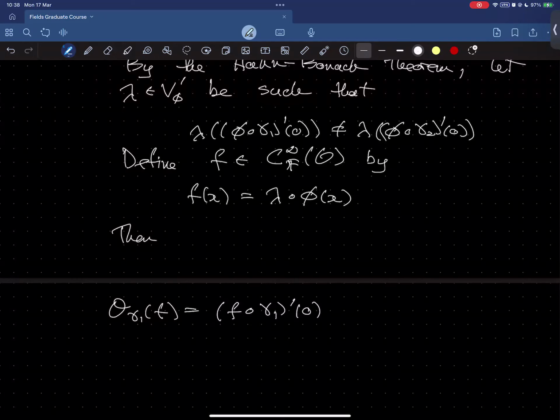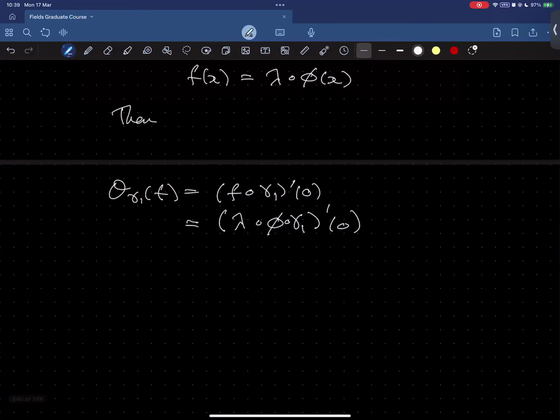That's the definition of theta gamma 1. Now I'm going to use the definition of f. So this is lambda composed with phi composed with gamma 1 prime at 0. That's the definition of f.